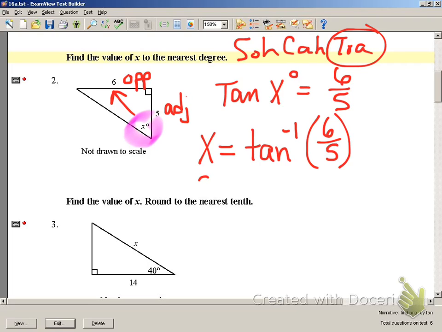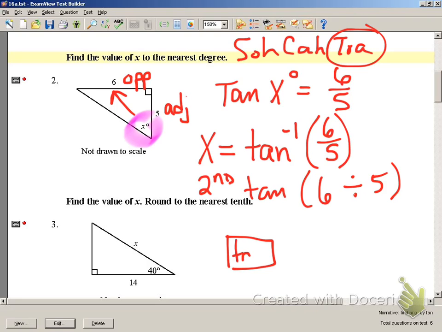We would say second tan, 6 divided by 5. And the reason why we are doing second tan is because if you look above the tan button on your calculator, in little bitty different colored letters right above it, it says inverse tan. So that's the reason why we're using the inverse.